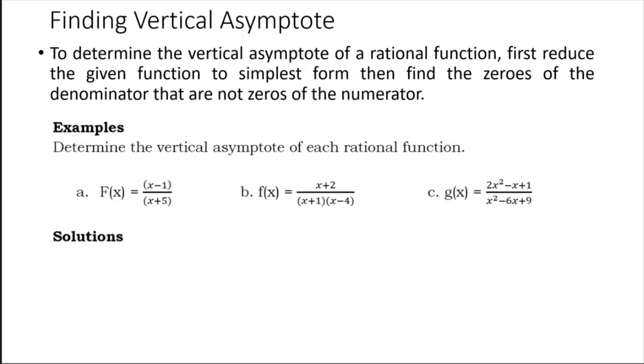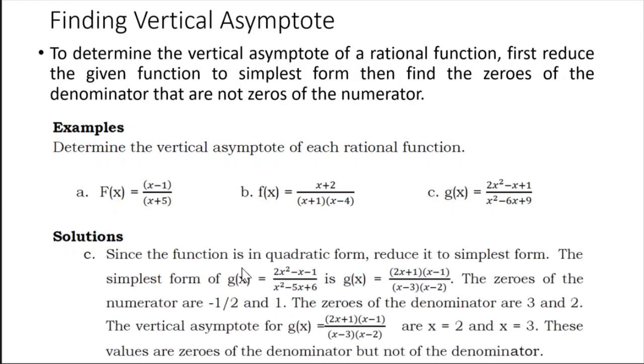So our solution there, since the function is in quadratic form, reduce it to simplest form. The simplest form of g of x, (2x squared minus x minus 1) over (x squared minus 5x plus 6), is (2x plus 1)(x minus 1) over (x minus 3)(x minus 2).